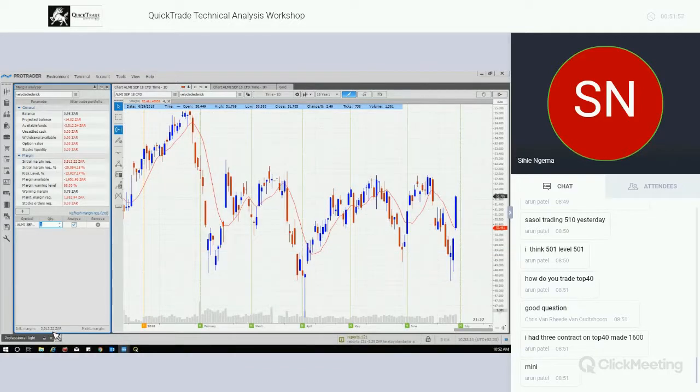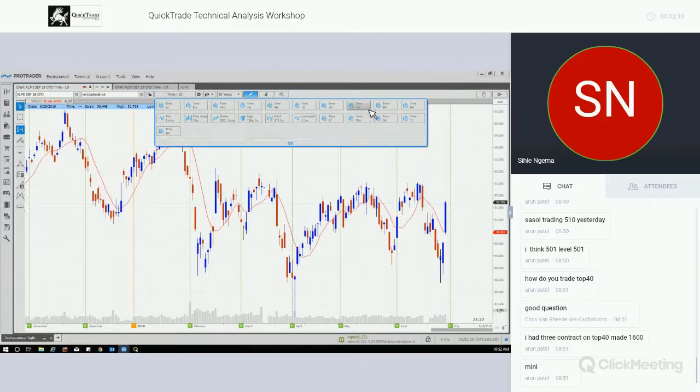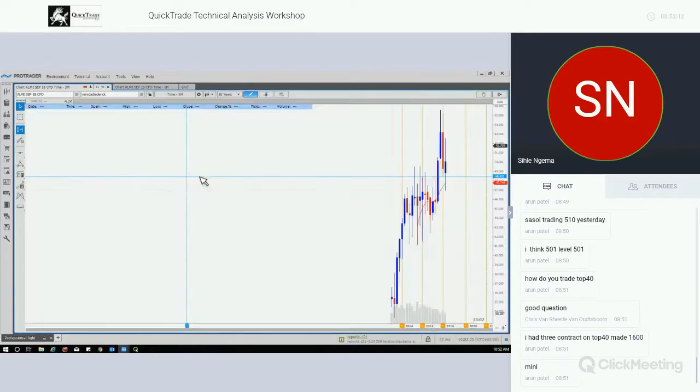To buy one contract on the OMI, you pay 3,512. That's how much you pay on the OMI, 3,512 to buy one contract if you want to trade it. Sure, let's check how it's looking.